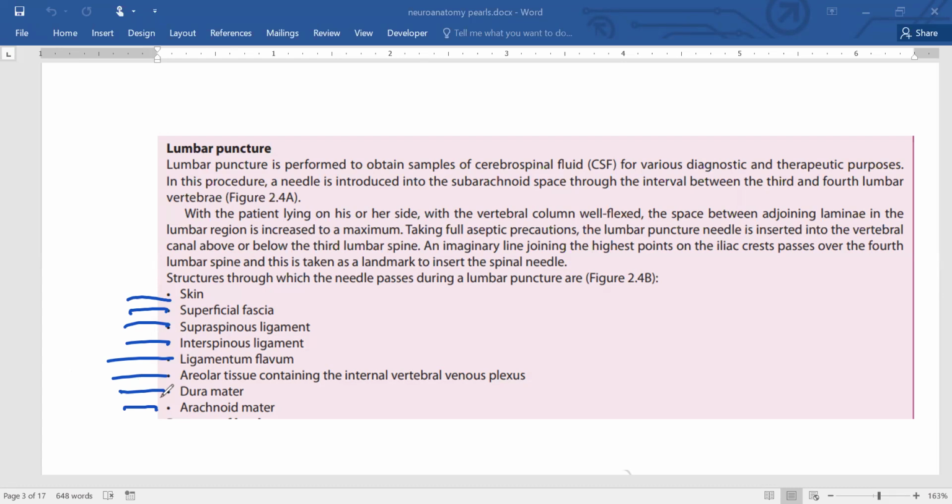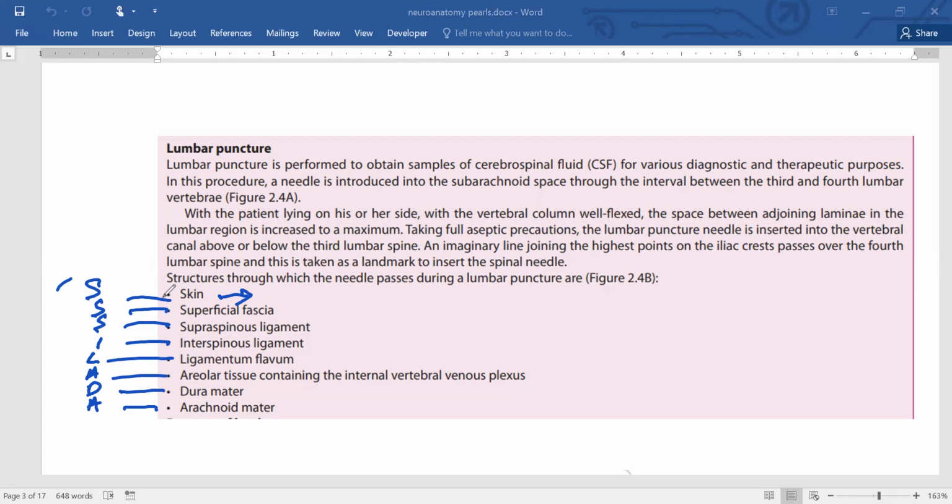If you make a mnemonic of these, we can have SSS, triple S, I, L, A, D, A. So triple S LADA.